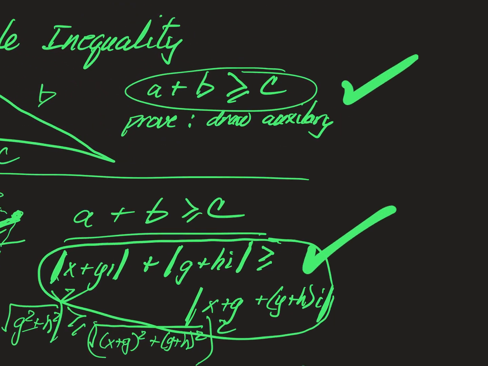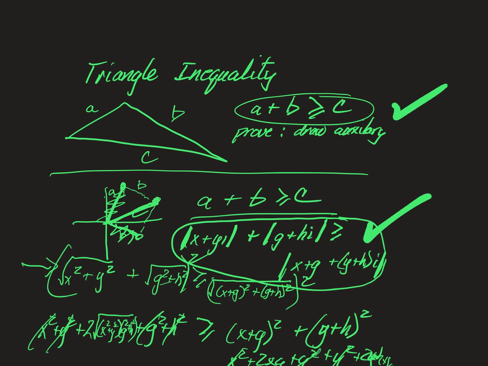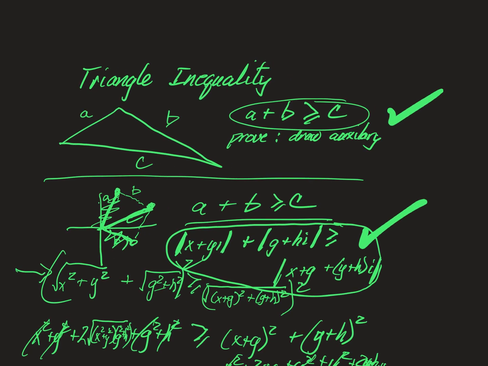What your book lesson does is they want to show you how to prove the triangle inequality. They also talk about how in geometry class, in order to prove that, you had to draw an auxiliary line and do some stuff like that. And in fact, we were only proving it for real number lengths of triangles.